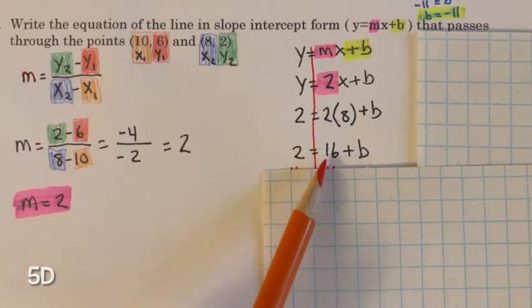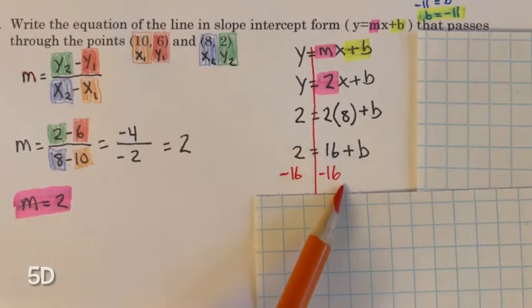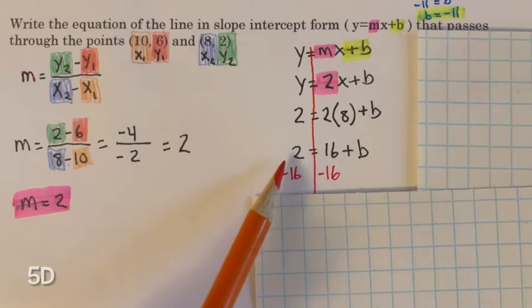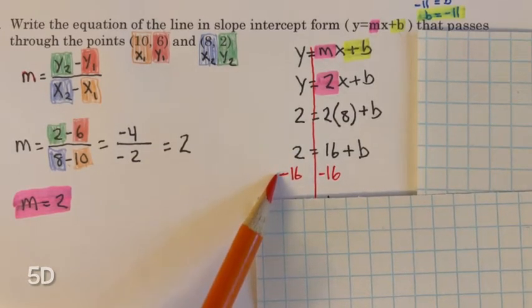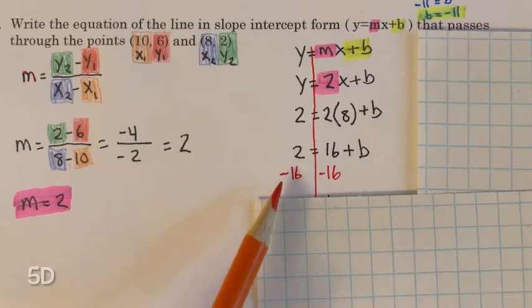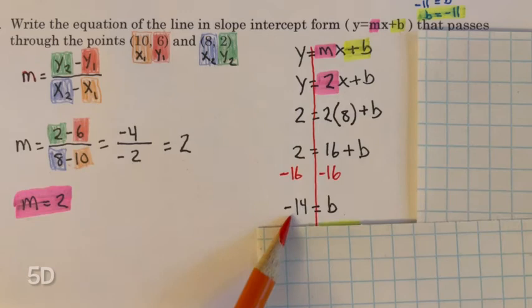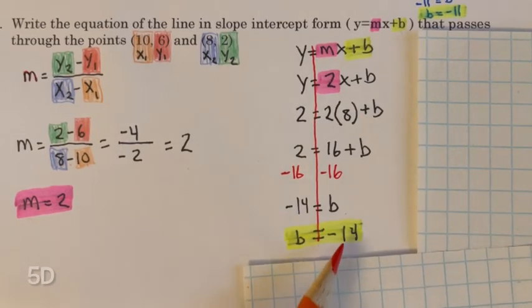Inverse property of addition is subtraction, so I'm going to subtract 16 from both sides. That creates a 0 pair. 2 minus 16, I have more negatives than positives, so I know it's going to be a negative. And when the signs are opposite, you subtract, so 16 minus 2 is 14, so it's going to be negative 14. And I get b equals negative 14.